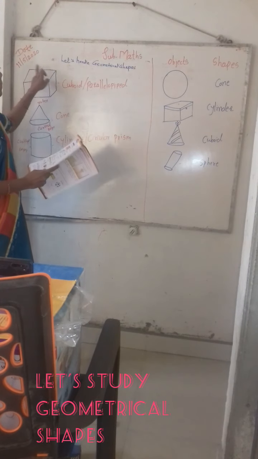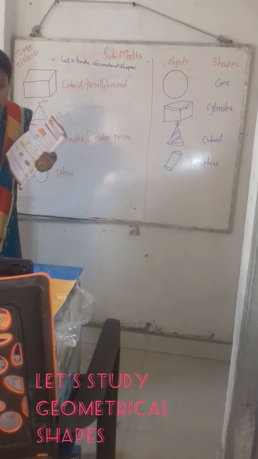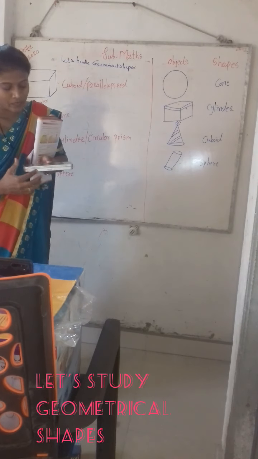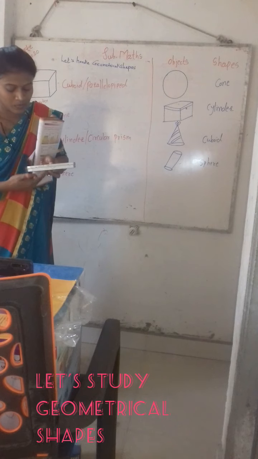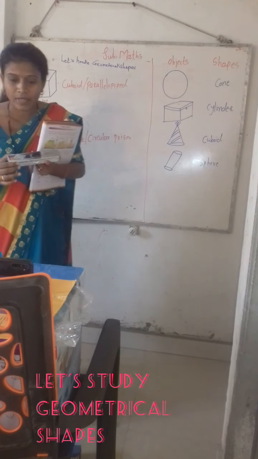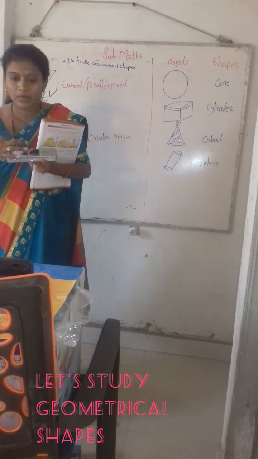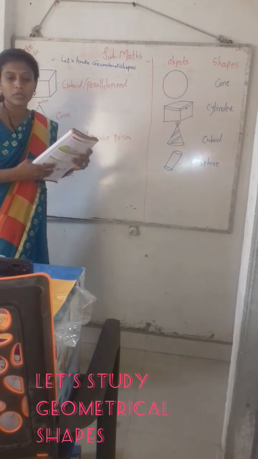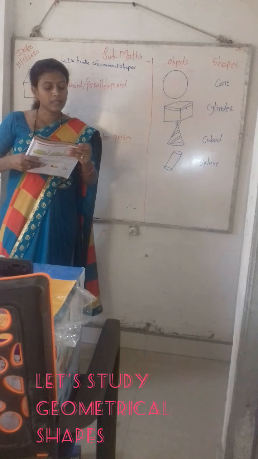Means 1, 2, 3, these are vertices. In this lesson we will study more about geometrical shapes.